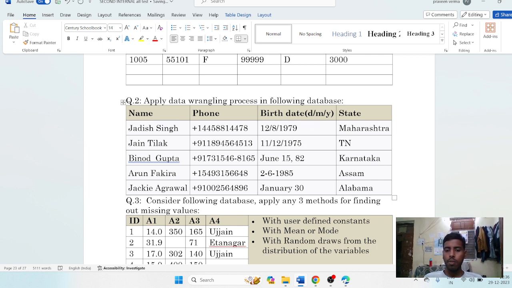Now this should be the same. This should be 15 June: January, February, March, April, May, June. It is 6. I will put 6 here. Here also I remove this. I remove this.